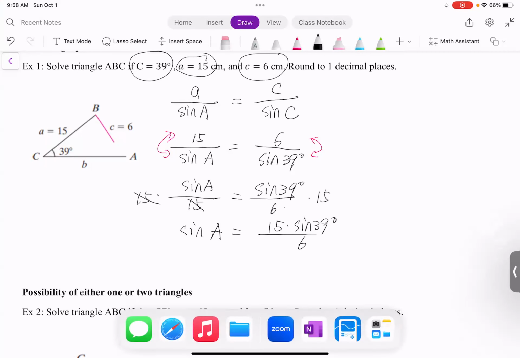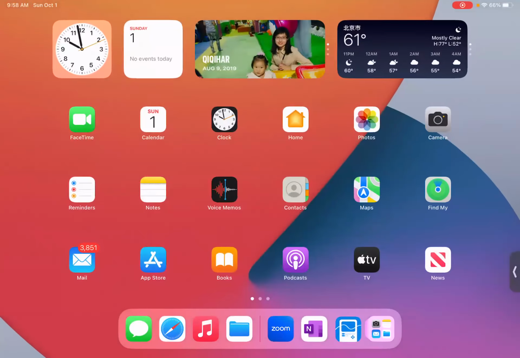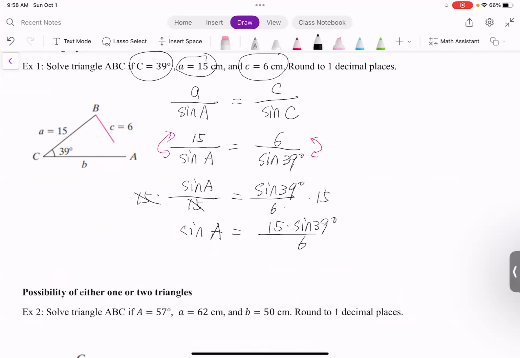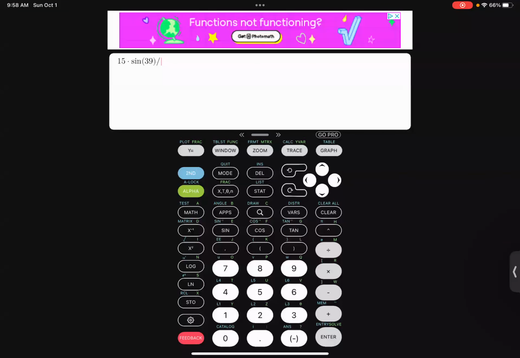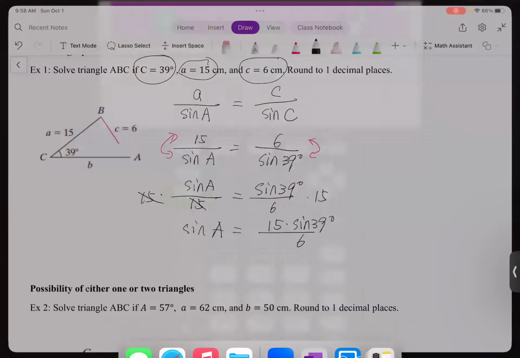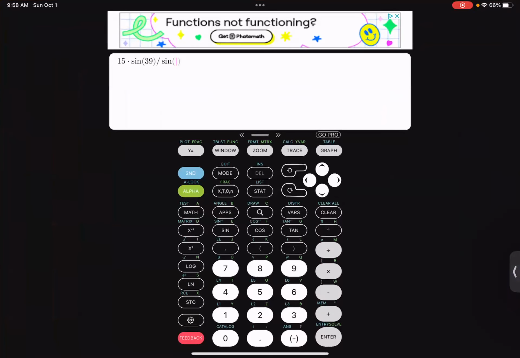Let's use our calculator to find this. So what do we have? 15 times sine 39 over 6. Divide by 6.